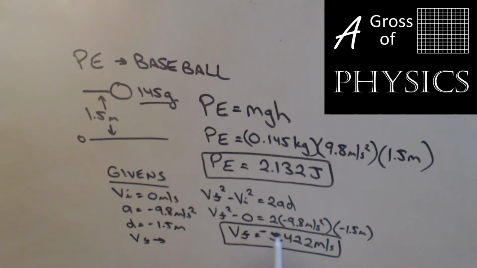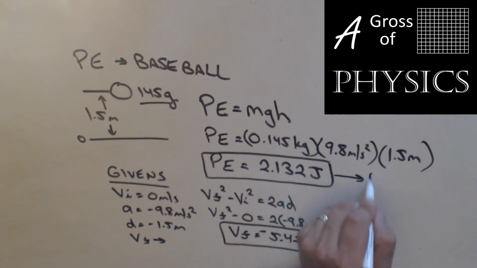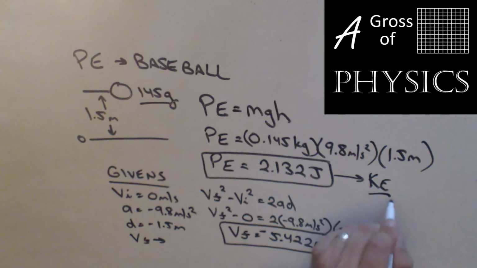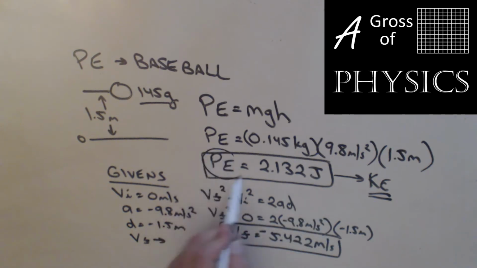Now, the same thing could be said with the potential energy turning into kinetic energy. And that is going to be the work energy theorem that we'll discuss shortly. This will allow us to solve it using the potential energy that turns into kinetic energy. And effectively, if you look at this equation right here, we have 2AD. We don't have a 1/2 over here, so we might have brought it over.